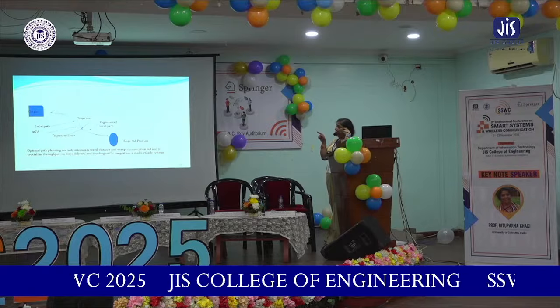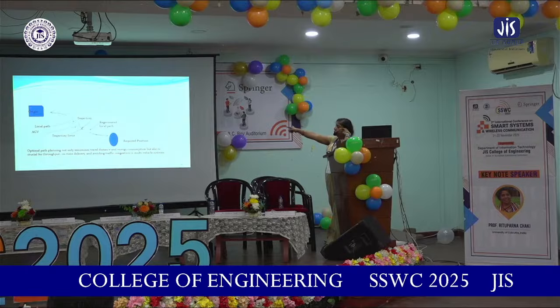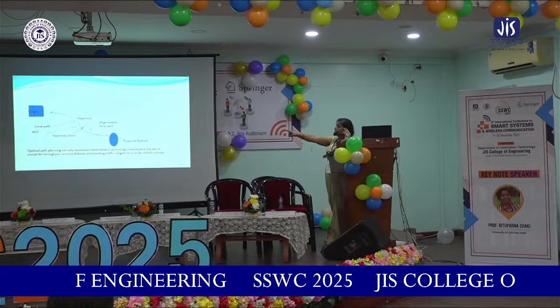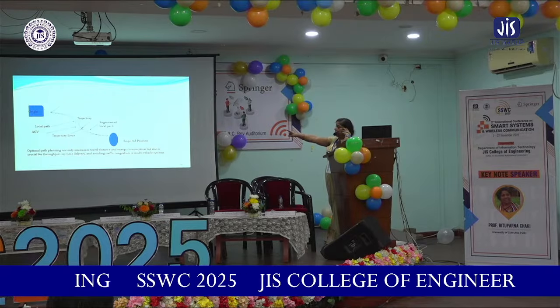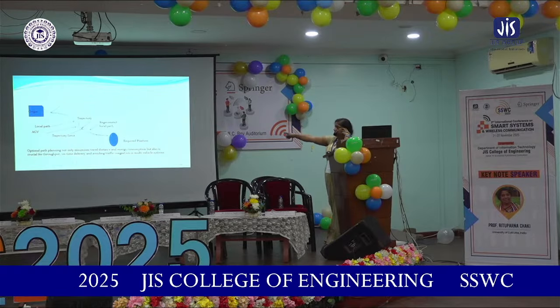The red dotted line substitutes the erratic path and takes the robot from the origin to the required position.